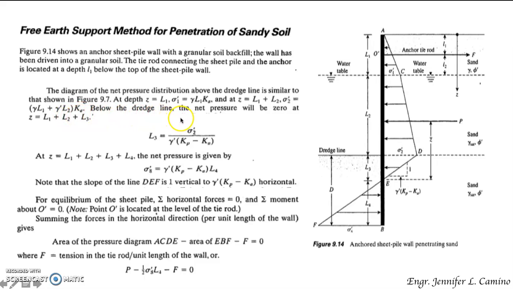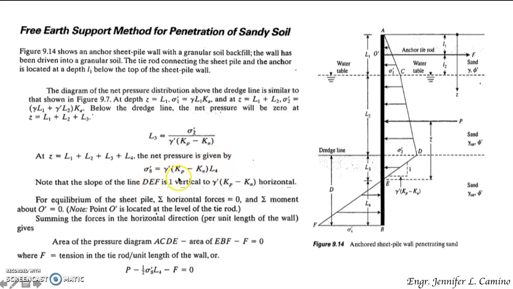Below the dredge line, the net pressure will be 0 at Z equal to L1 plus L2 plus L3. We have already identified L1 and L2, so to compute for L3, you have this equation. Basically our Z is L1 plus L2 plus L3 plus L4. So the net pressure is given by this equation.